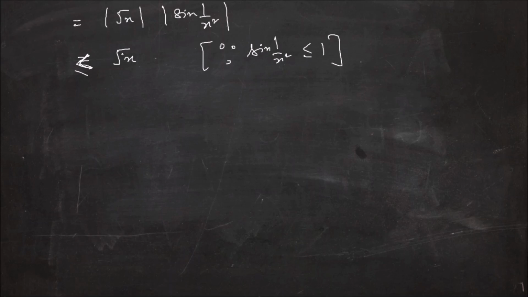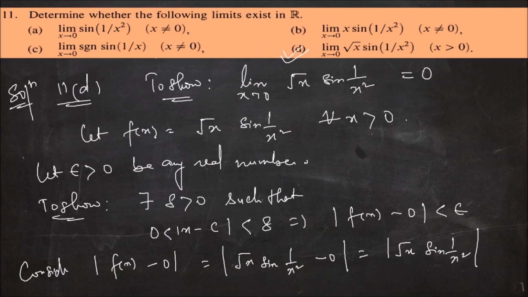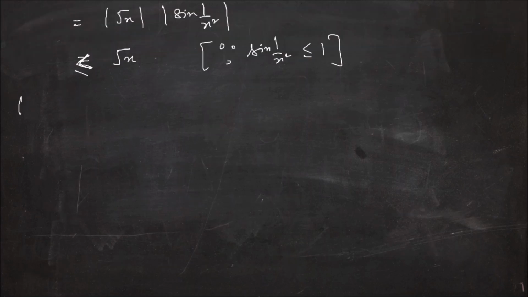Now I have this root x, and I have to get this form. Okay, c is given to be 0, so make it 0 here. If I take some delta such that 0 < |x - 0| < delta should imply this. So let delta equal epsilon square, which is greater than 0.